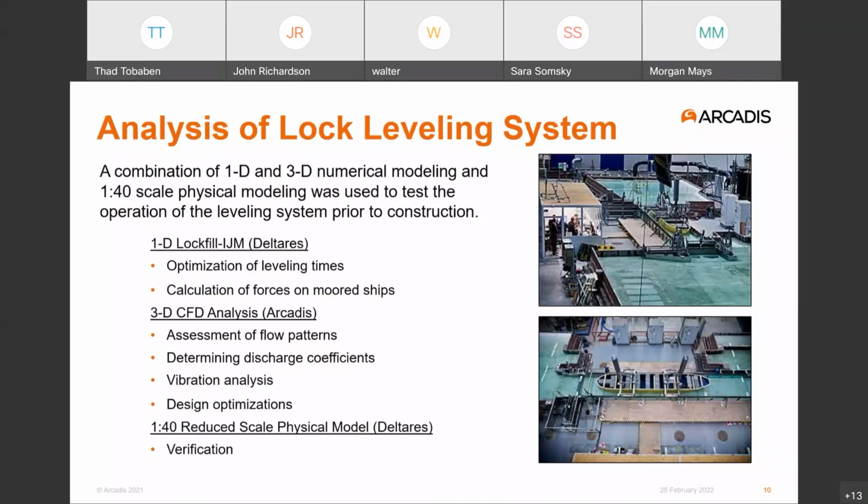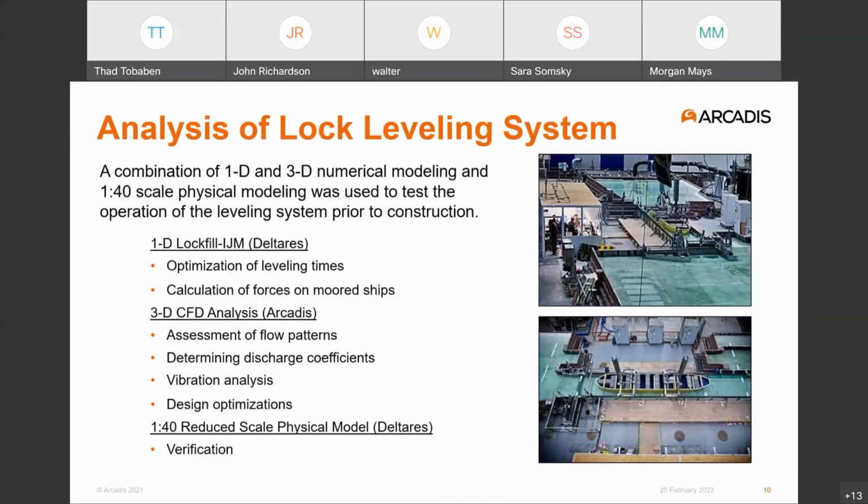Also to increase the reliability of the design by using these different methods, and ultimately to reduce some of the costs associated with the design of the leveling system. If all the work, for example, was done in a physical model testing lab, the costs would have been higher than they were with this combined approach.